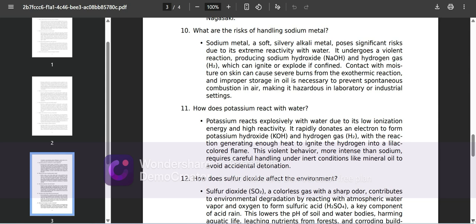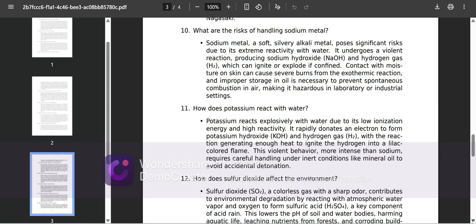What are the risks of handling sodium metal? Sodium metal, a soft silver alkali metal, poses significant risk due to its extreme reactivity with water. It undergoes a violent reaction producing sodium hydroxide, NaOH, and hydrogen gas, which can ignite or explode if confined.